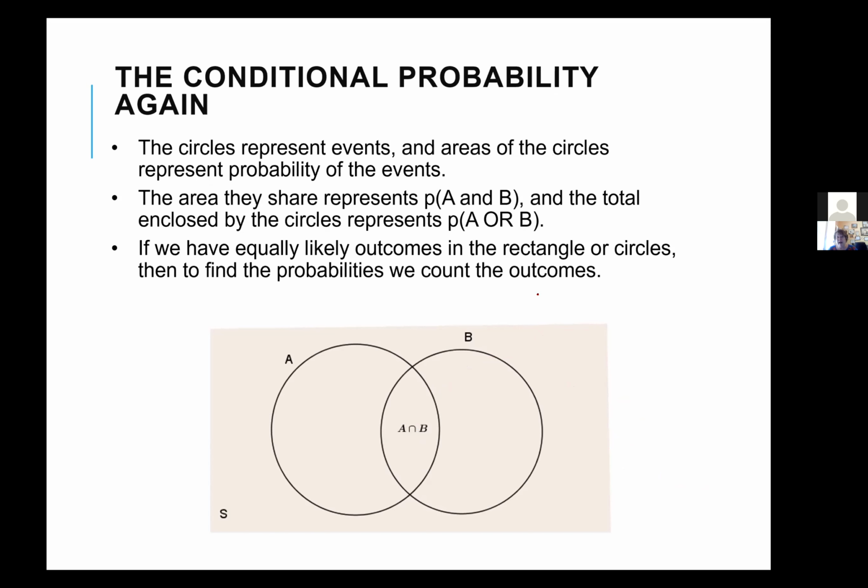The probability of A or B is the entire area of the two circles. If I were to highlight that, it would be this entire area.